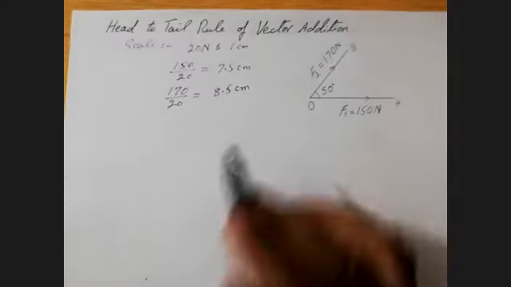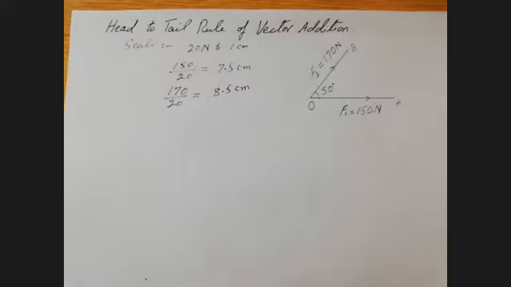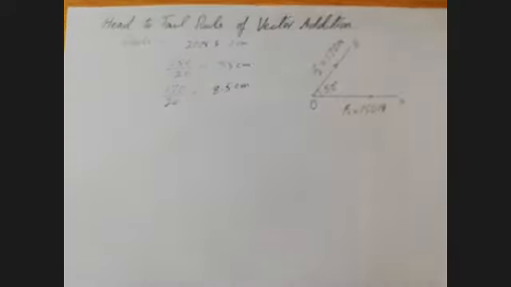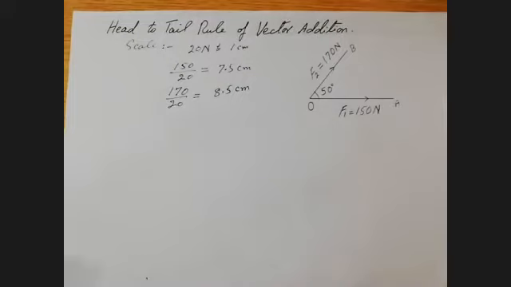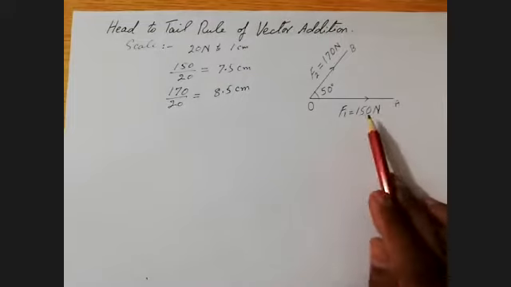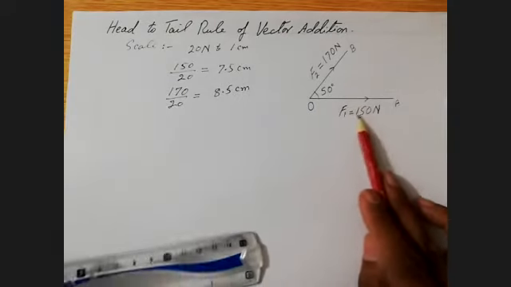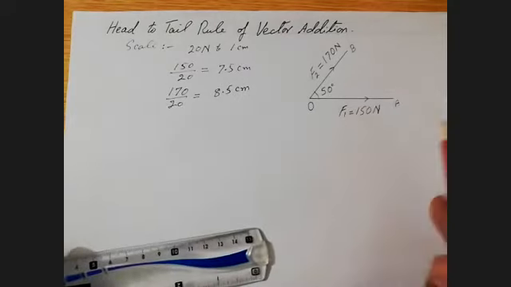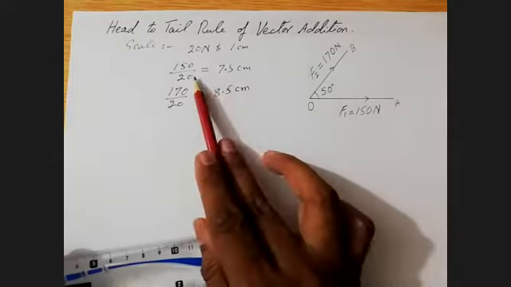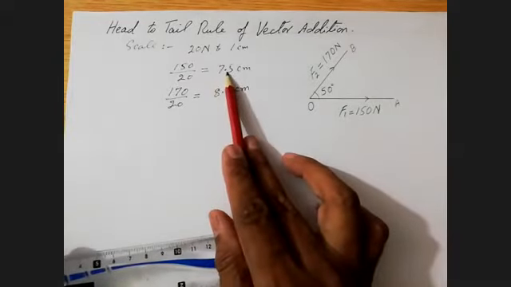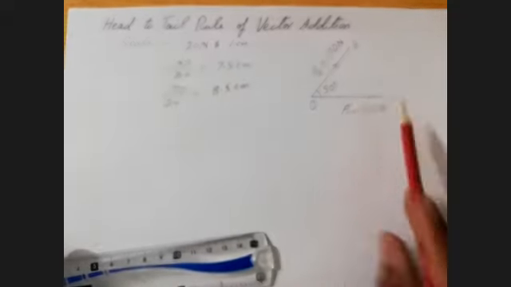You can check that these are the things I have done to choose a scale. You have to choose a scale according to your convenience. Now I have to see this force F1, I am taking F1 first. So I'm going to draw a line measuring 7.5 centimeter in the rightward direction.